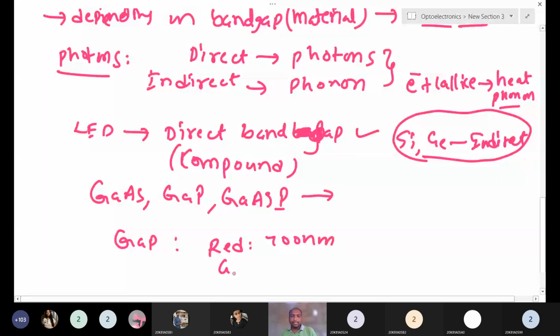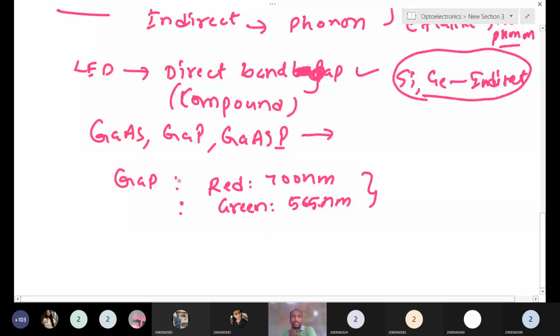Either you can get red or green. Why is this happening? Any reason? We used only gallium phosphide, but we can get red or green, whatever you want.